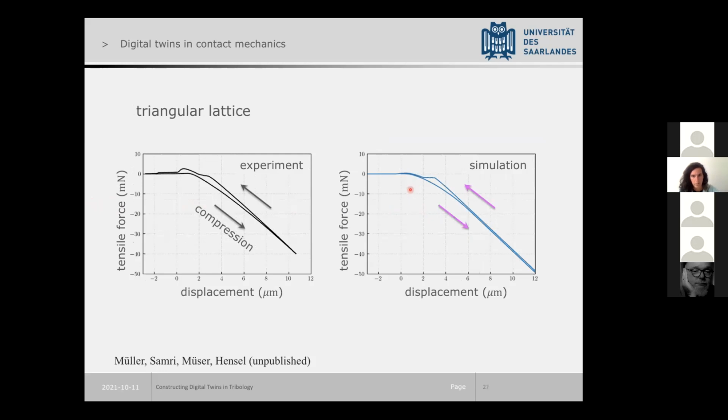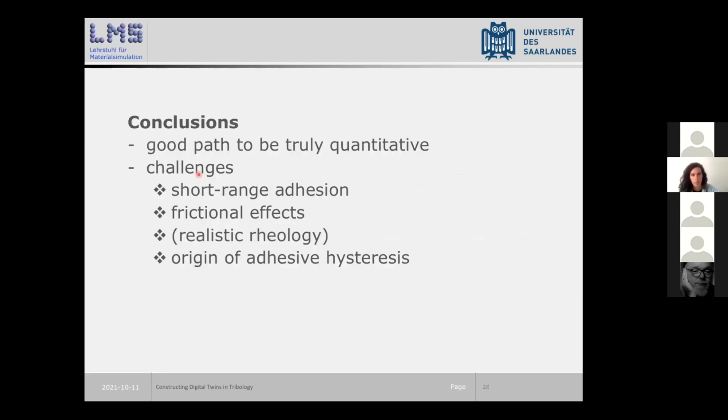And for the triangular lattice, where we have the same spectrum, but heights and minima inverted, we also see similarity, but not to the degree that we can really declare victory. So we are still thinking about how we can get this bump so that what we produce really is a twin. I think I could show that we are on a good path to be quantitative.